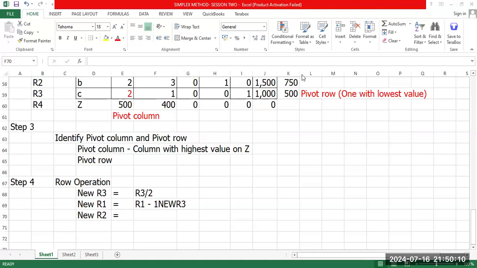Derek, what is new row 2? I think you get the row that you want to change, that is R2, row 2, minus the value in that row, which is 2, then times the new row 3. The value we want to change is 2 times the new row. New row what? New row 3. New row 3. This one remains constant as your pivot row.